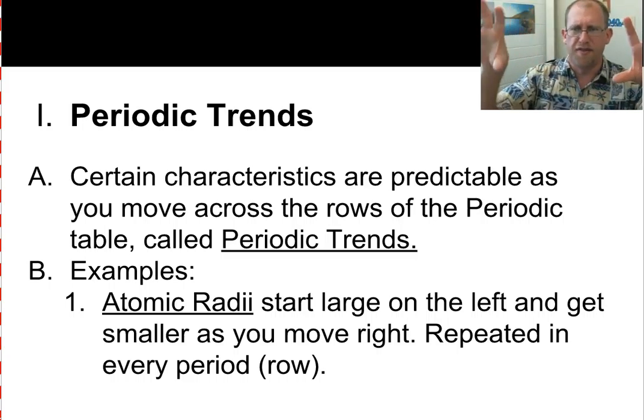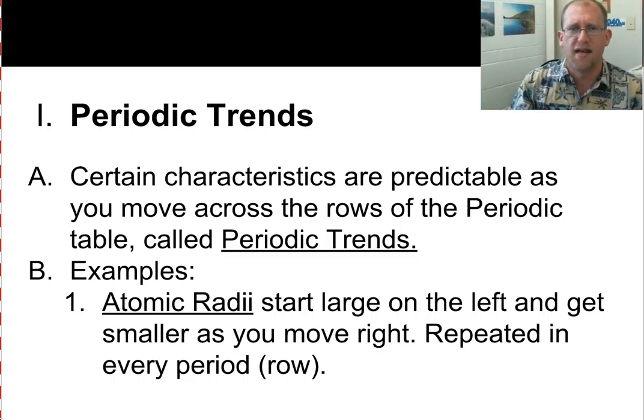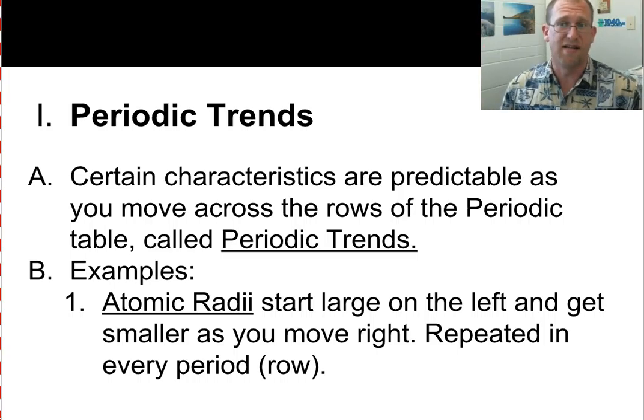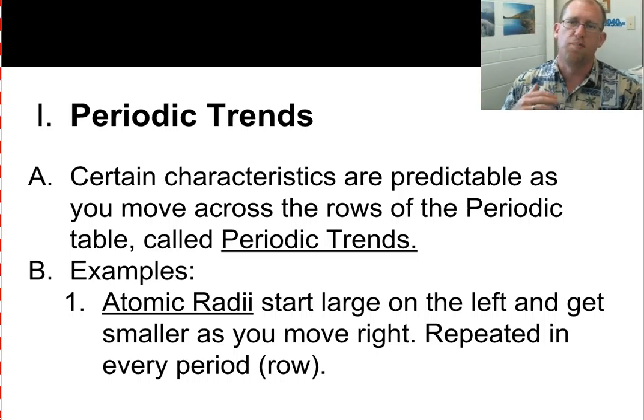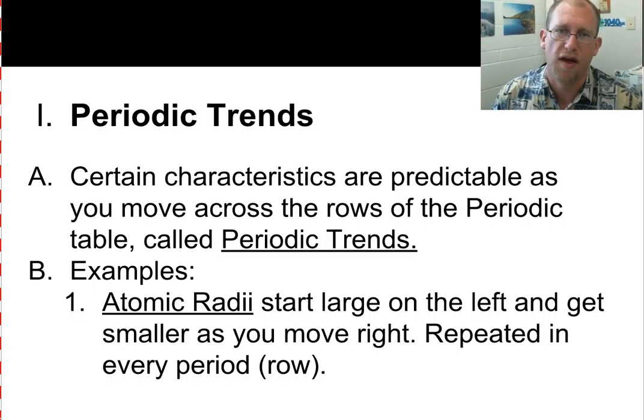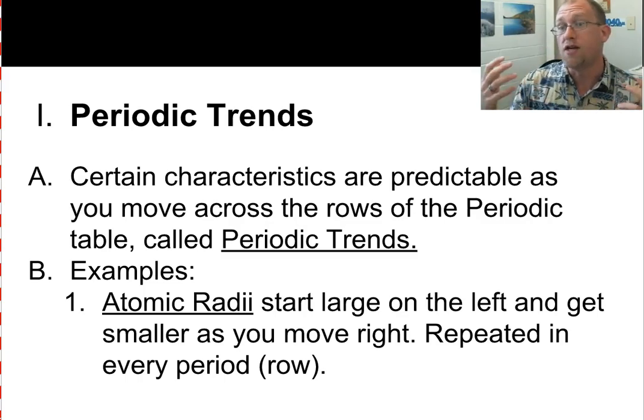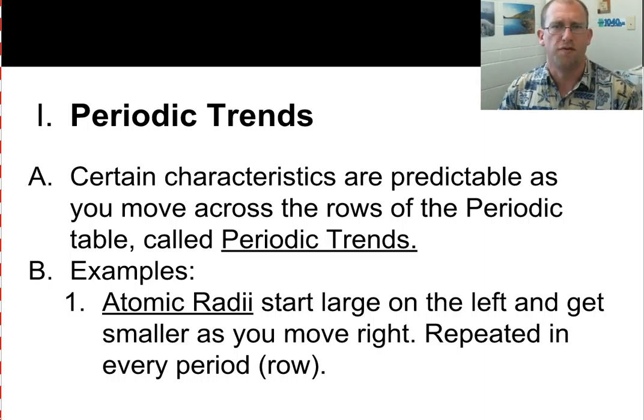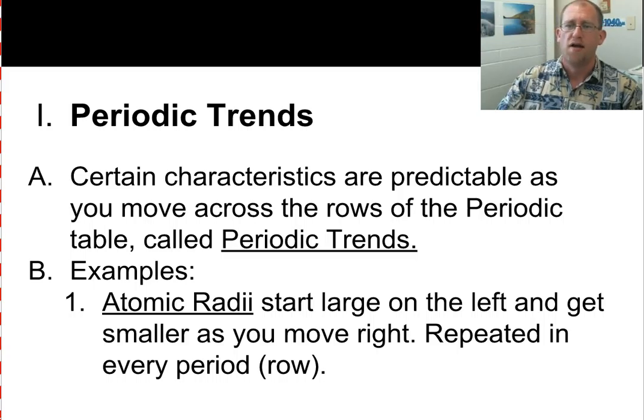And they would put the second thing under the first thing and say, it acts like that. And so it was the periodical repeating of chemical properties that caused the periodic table to be arranged the way it was initially. And then we refined it a little bit so that it reflects electron orbitals, as I showed you last time. So we're talking about the things that happen over and over and over again as you go across the table.